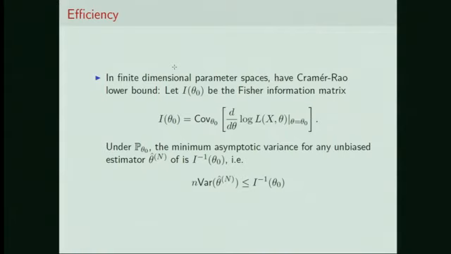It says the variance of this estimator is bigger or equal than the inverse of this Fisher information matrix.